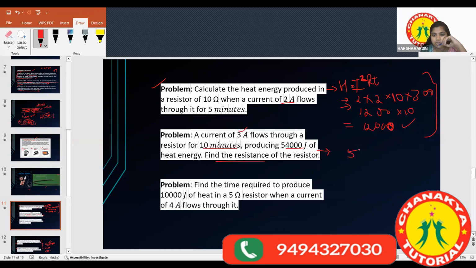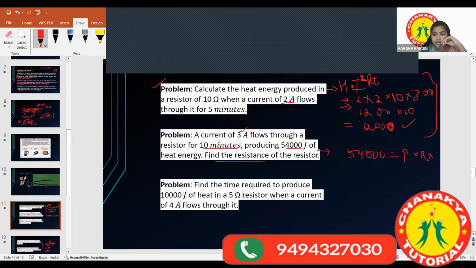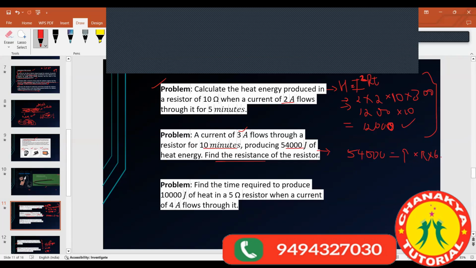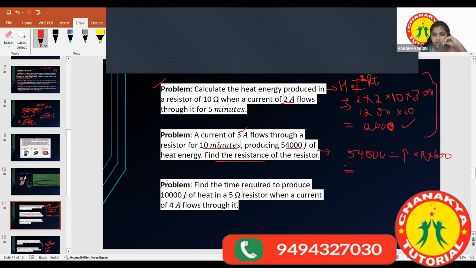So it's basically 54,000 is equal to I square, which is 3 squared, so 9, into resistance, which we have to find, and time is 600 seconds. The zeros cancel, so it's basically 540 by 9 into 6 is equal to R. 9 5s are 45, 9 6s are 54. So 6 cancelled, so it's basically 10. So R is equal to 10.